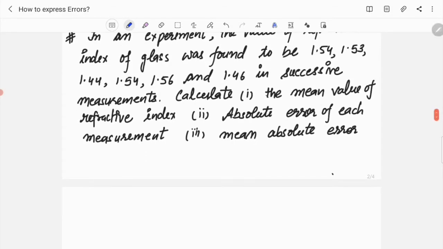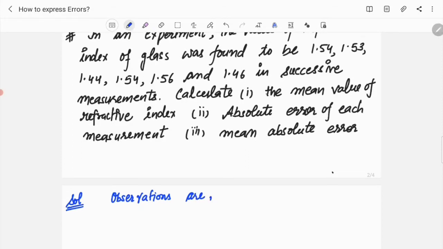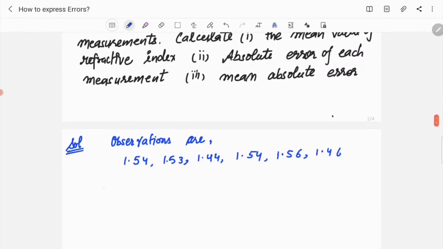So first of all, we will calculate the mean value. Let's write the observations. Observations are 1.54, 1.53, 1.44, 1.54, 1.56 and 1.46. We have 6 observations.